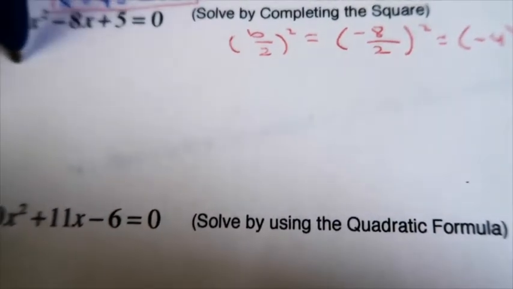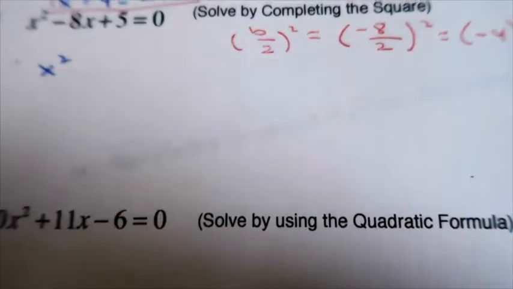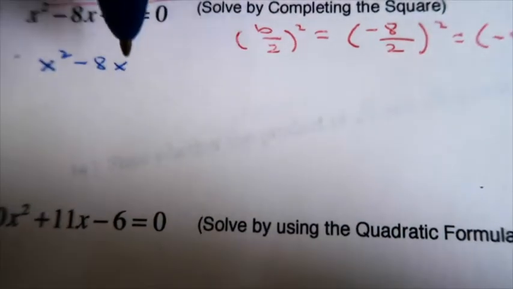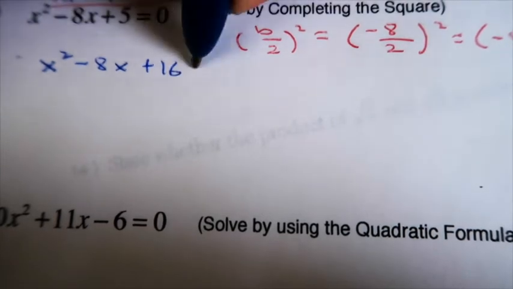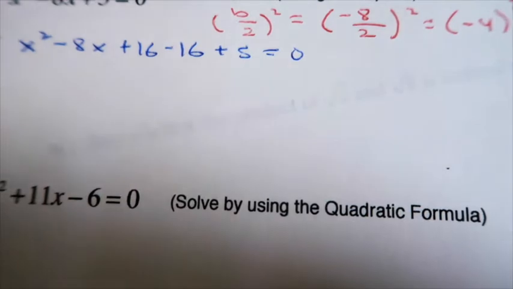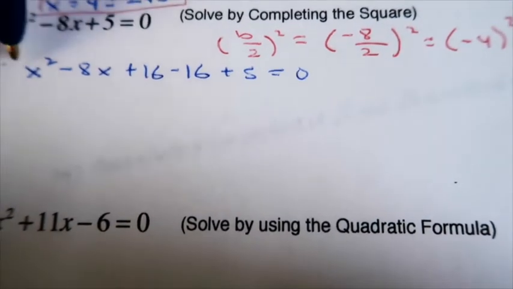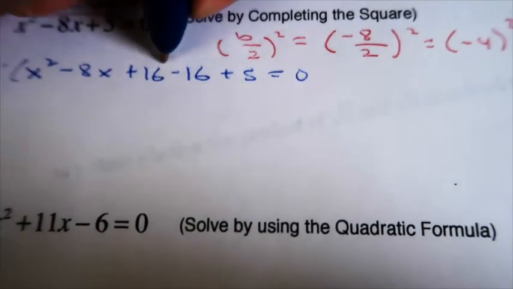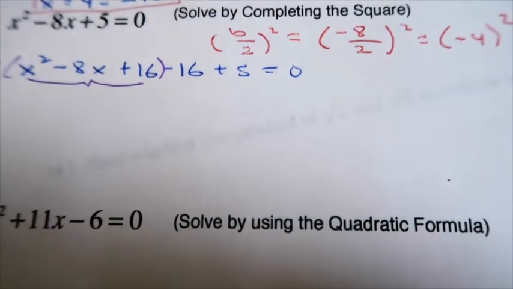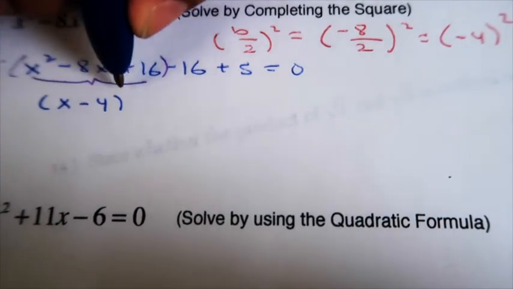So we're going to rewrite this: x² − 8x + 16 − 16 + 5 = 0. Now I'm going to put parentheses here and right here as well, because I know this one we can write as (x − 4)².